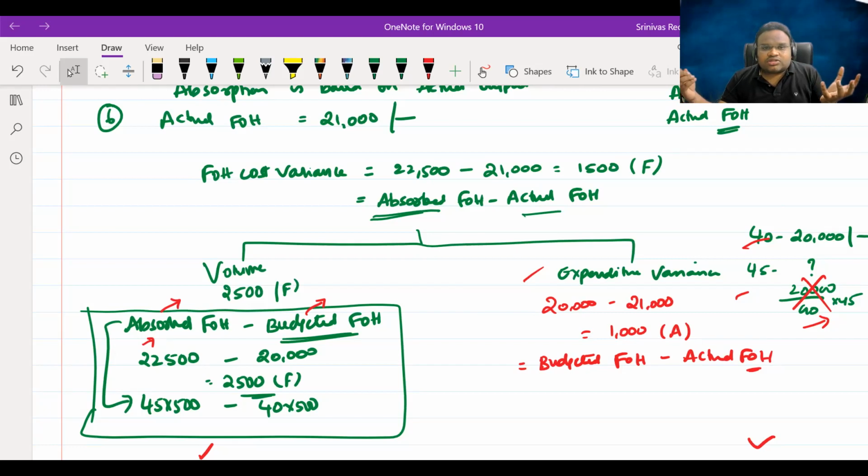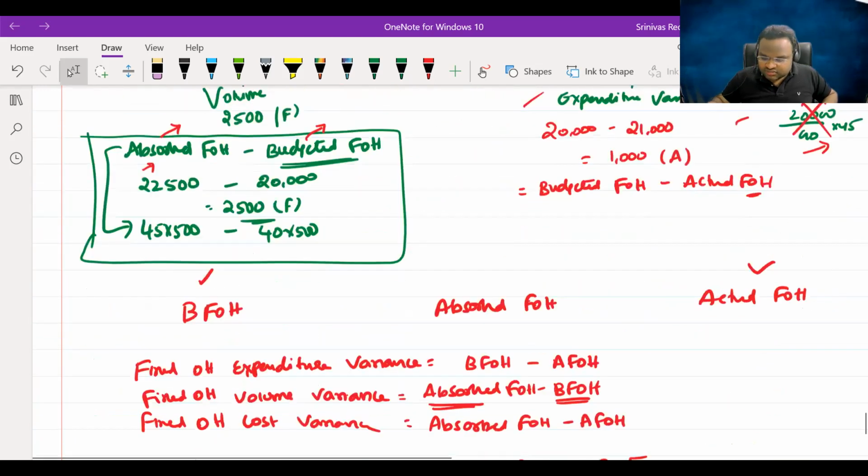So 45 students minus 40 students: for 5 students, you have collected 500 rupees each extra. 2,500 collected more, favorable. Expenditure variance: sir, whether the number of students is 40 or 45 or 50 or 10 or 20, I need to pay only 20,000. But I paid 21,000. 1,000 rupees I paid extra. That 1,000 rupees is adverse. That is my expenditure variance.